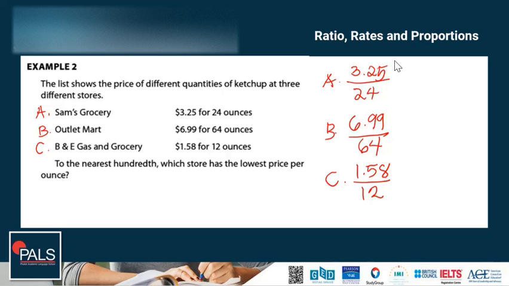A divided by 24, the answer is 0.14 over 1.